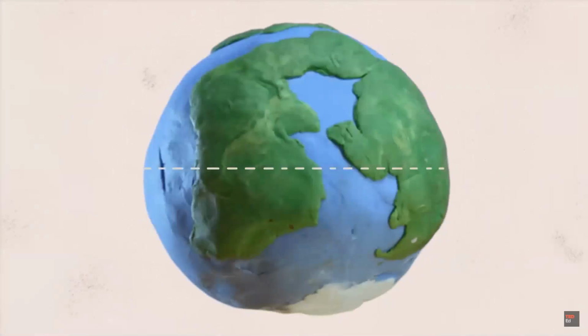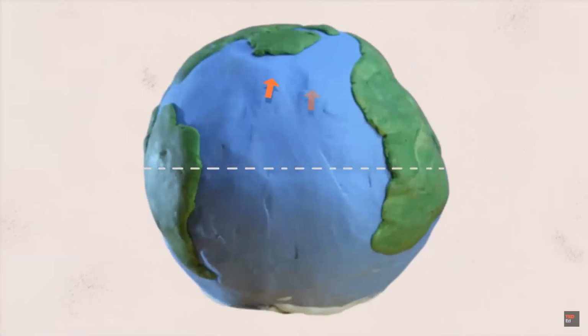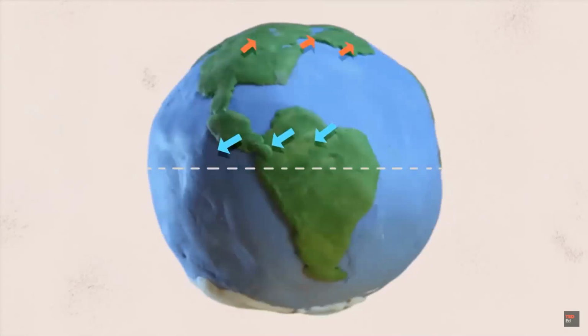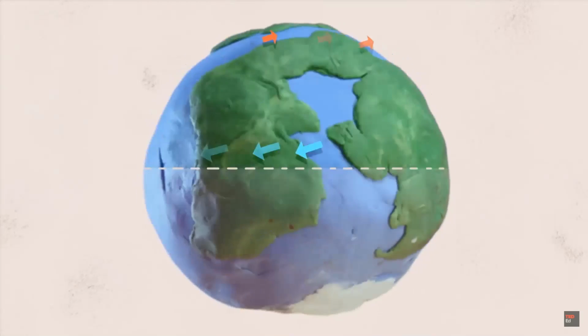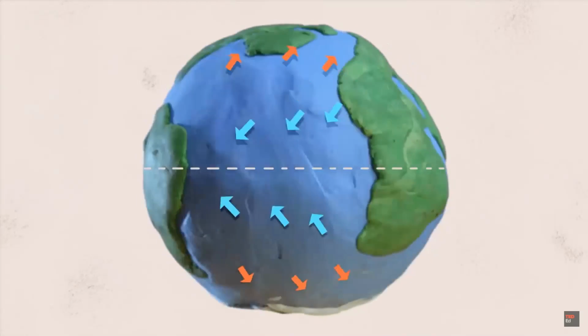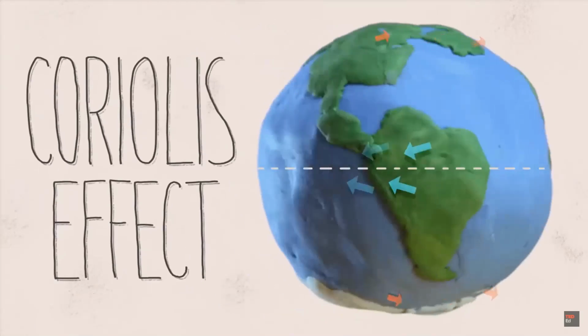But as the Earth spins, air moving from the equator to the North Pole is deflected eastward, and air moving back down is deflected westward. The mirror image happens in the southern hemisphere, so that the major streams of wind form loop-like patterns around the ocean basins. This is called the Coriolis effect.